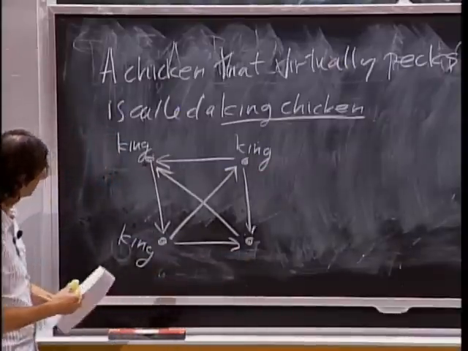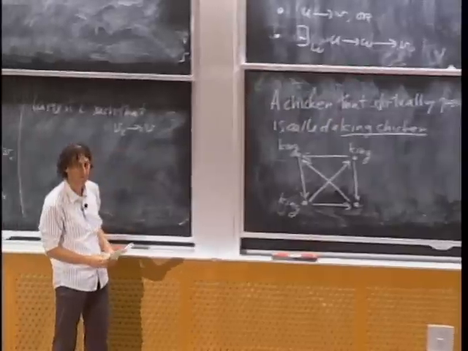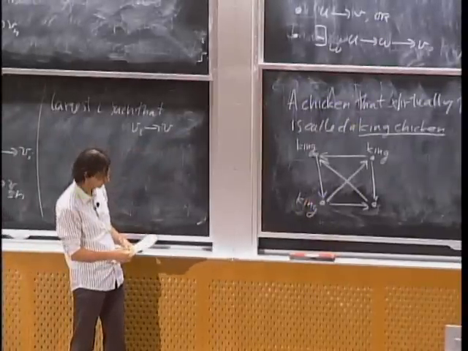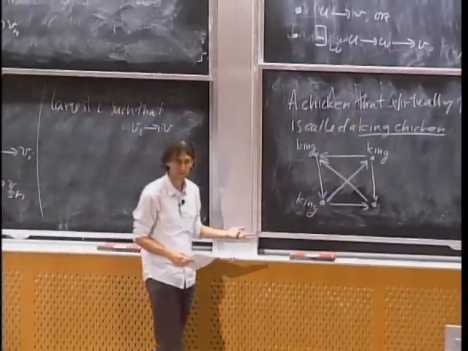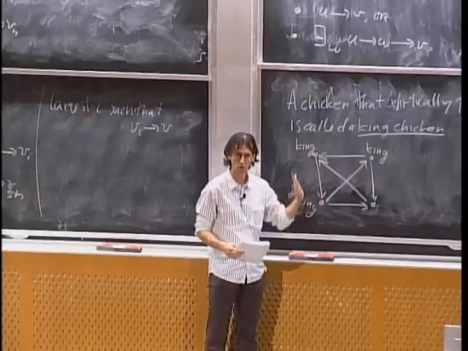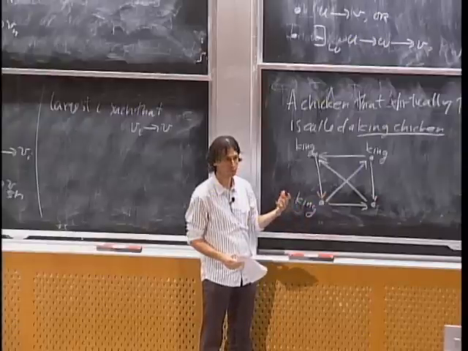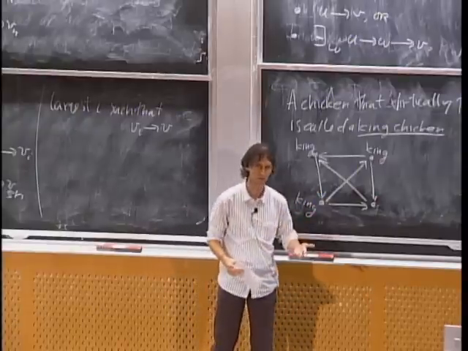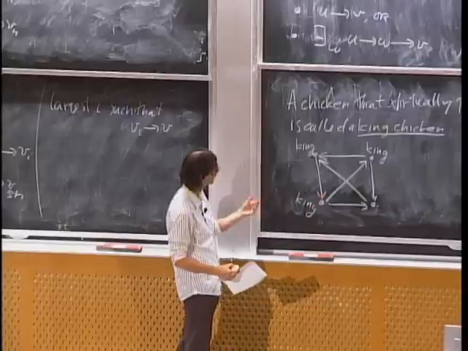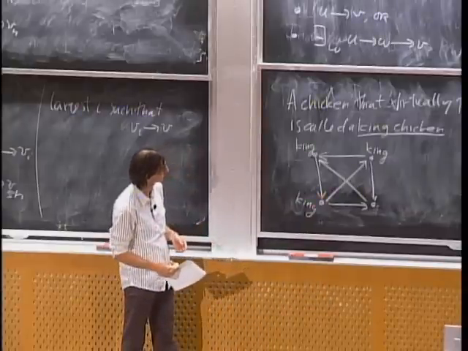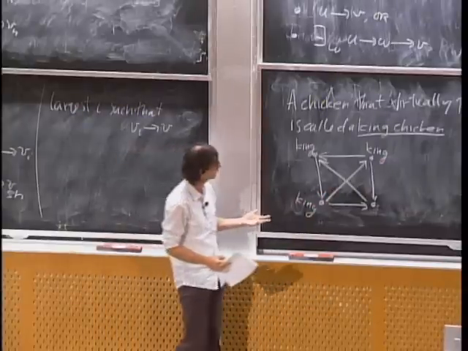And so now what we want to prove is a theorem that tries to identify one of the chickens that we know for sure is going to be king. You can have multiple kings, but maybe there's one chicken that from our intuition we may feel is definitely going to be king. So what would be a good intuition?